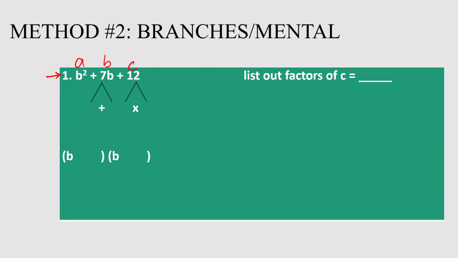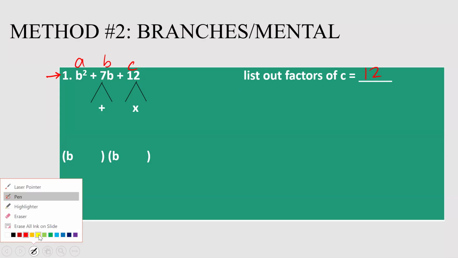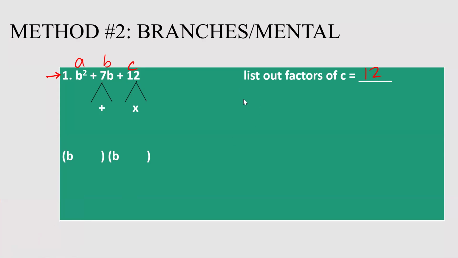With your C term, you're going to list out all the factors that make up C. So factors are what numbers multiply to give me 12, right? So the factors would be 1 times 12, right? 2 times 6, and 3 times 4. Okay?